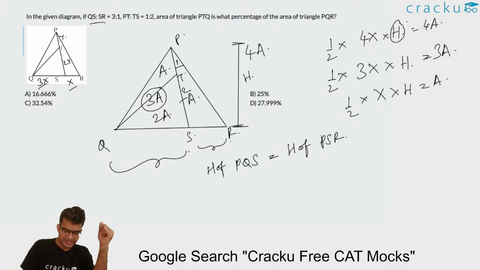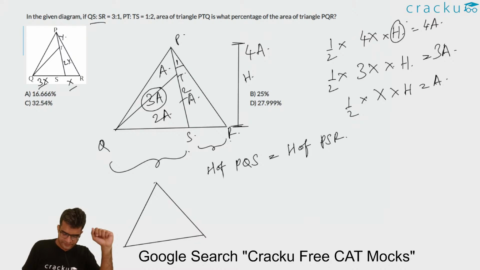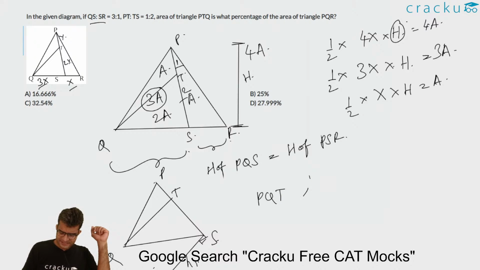Because again, if you are looking at PQS, this is the triangle PQS, we are just twisting it. This is P, this is Q and this is S. If you are drawing an altitude from Q, if this is the perpendicular drawn from Q, this height h1 will be the same for PQT as well as QTS.